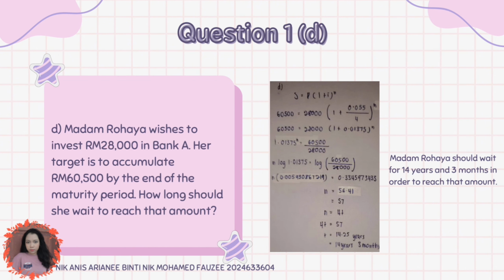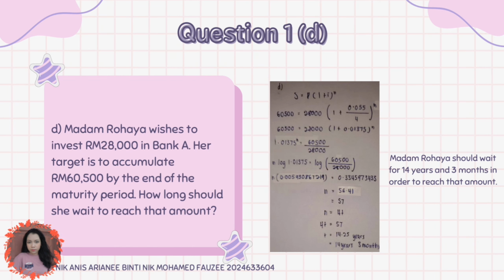For this question, we are going to use the formula S equal P open bracket 1 plus I close bracket the power of n. By this formula, we just enter the amounts from the question given. 60,500 equal 28,000 open bracket 1 plus 0.055 over 4 close bracket the power of n.